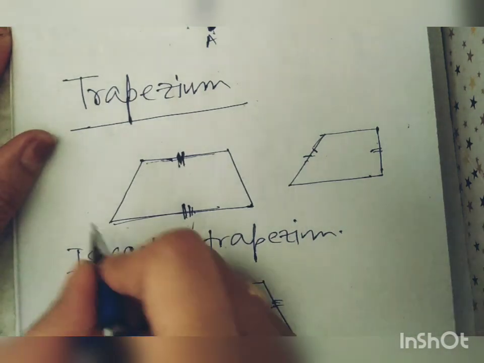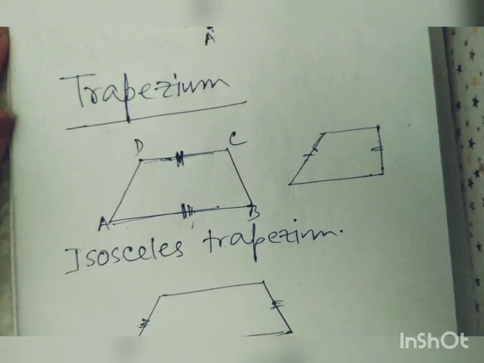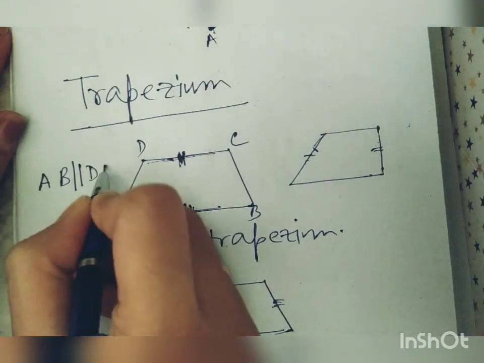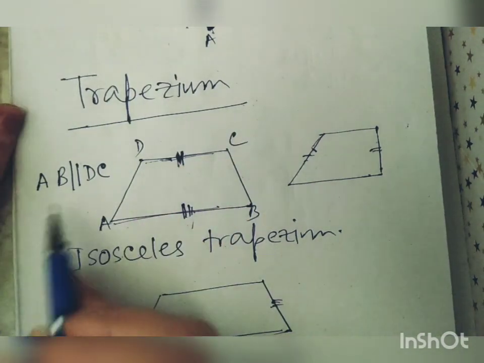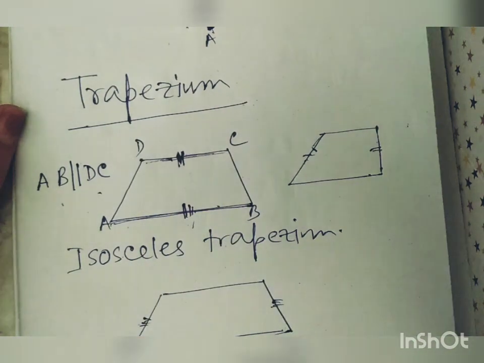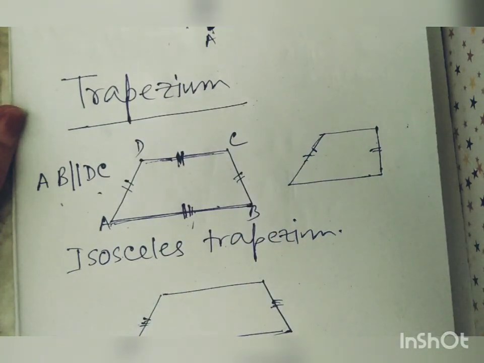Now trapezium, let's give it a name ABCD. Here you can only get that one pair of opposite sides will be parallel to each other. Here AB and DC are opposite sides and they are parallel to each other. But there is also one pair of opposite sides which are non-parallel to each other.